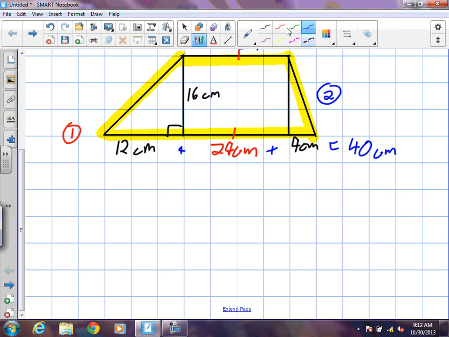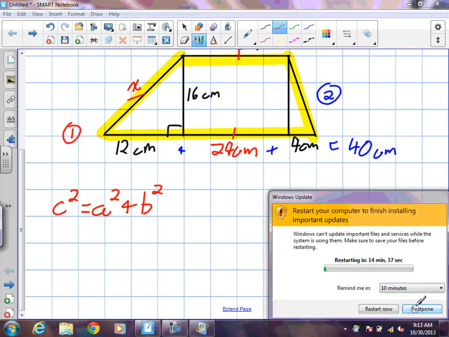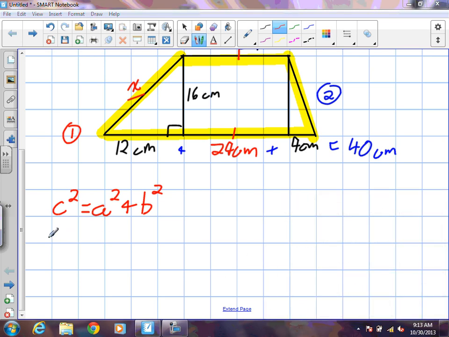In triangle 1, we have our formula. We know that c squared is equal to a squared plus b squared. C, the hypotenuse, is what we're looking for, so we'll call it x in this case. It's an unknown. So we're going to replace a, b, and c with our values here. X, or c in this case, will be x squared.